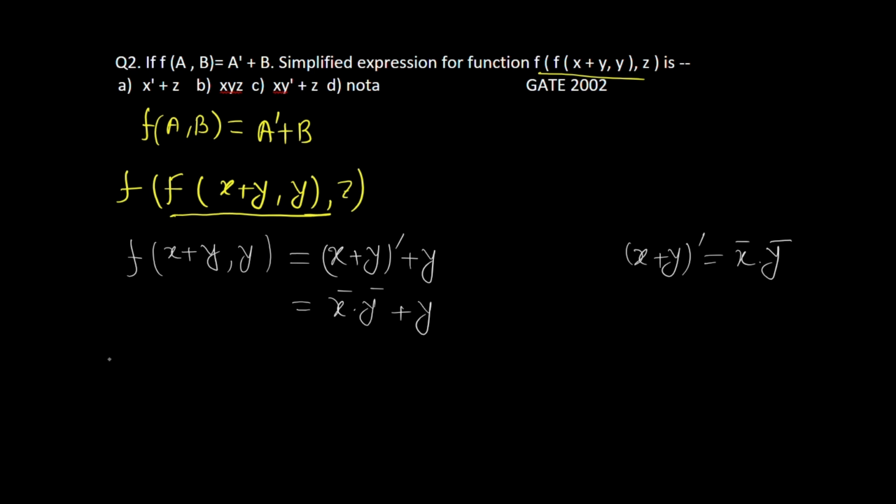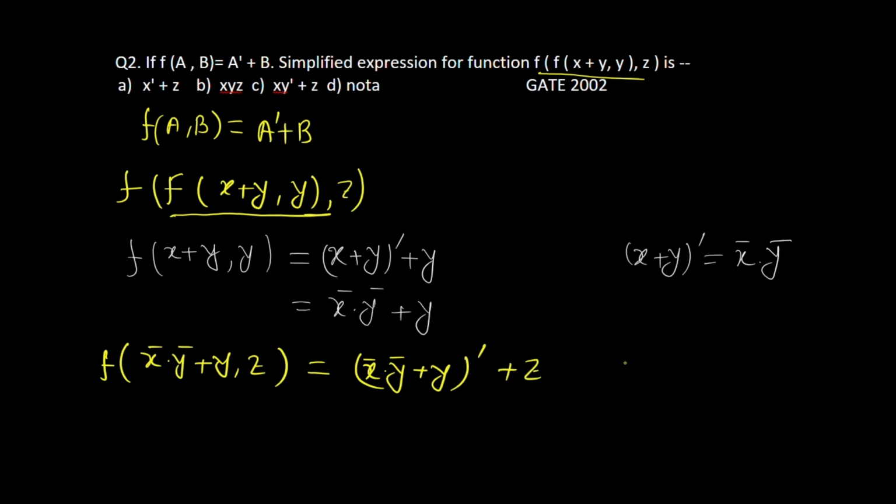Now come to the main function. Here we already solved this function. The value is x bar dot y bar plus y comma z, which is defined as x bar dot y bar plus y whole bar plus z.